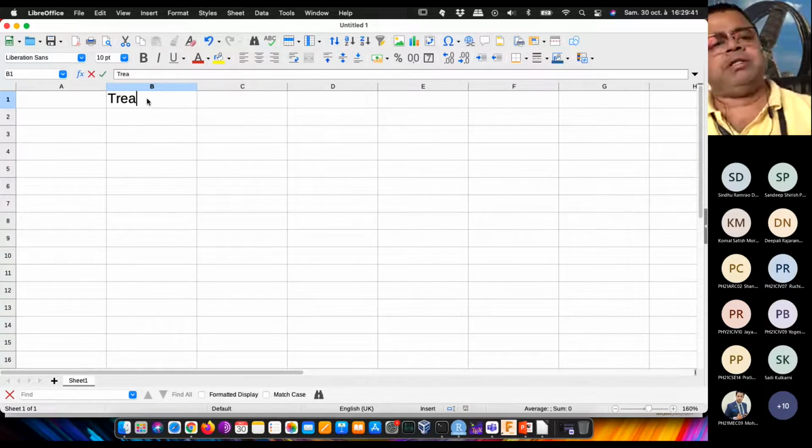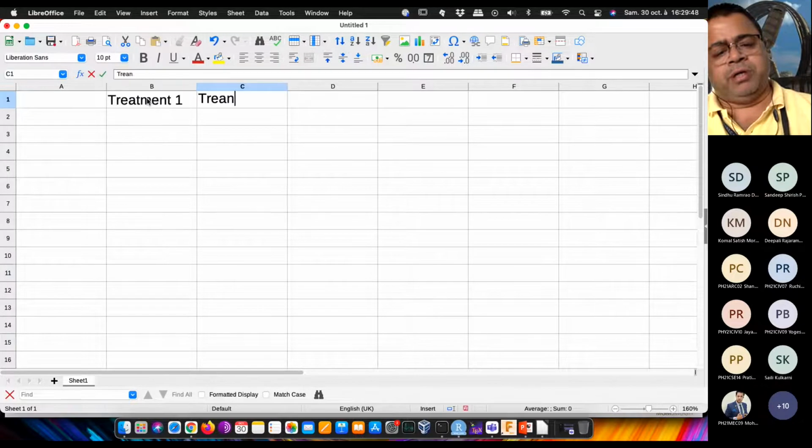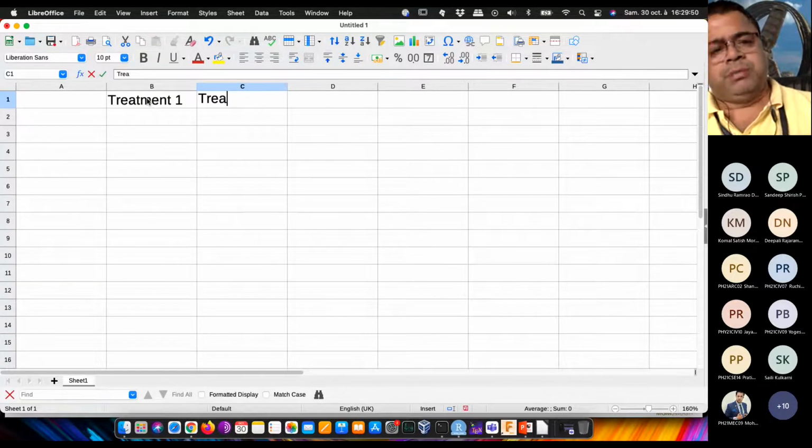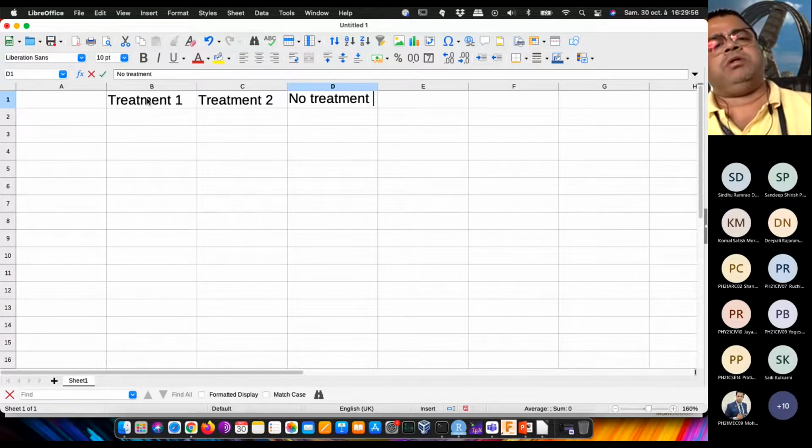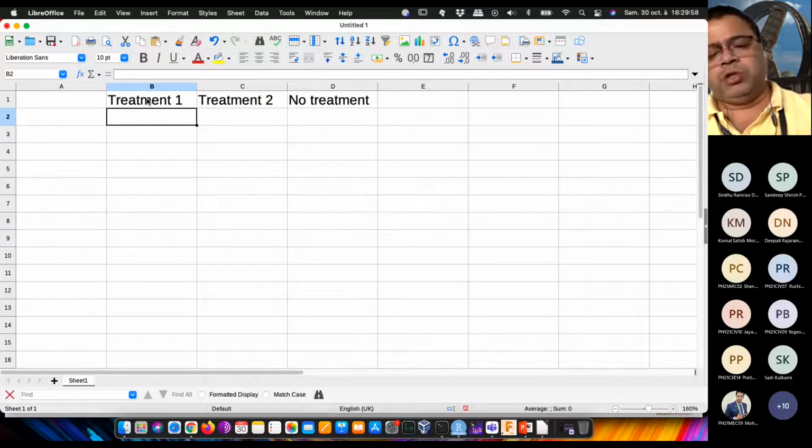This is LibreOffice, my favorite software. And here we have Treatment 1, Treatment 2, and then here I say No Treatment. I am just going to put some values; don't worry about these values.